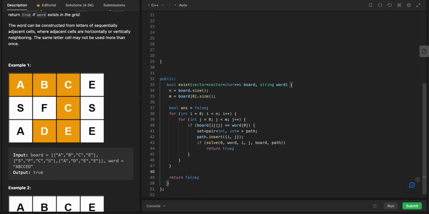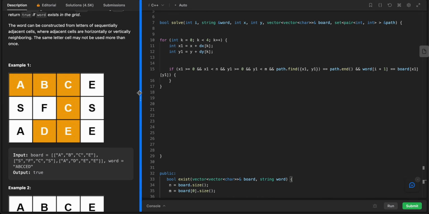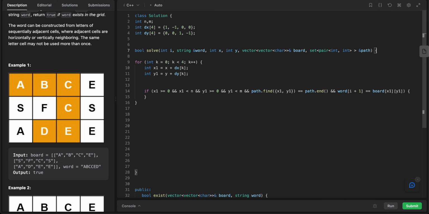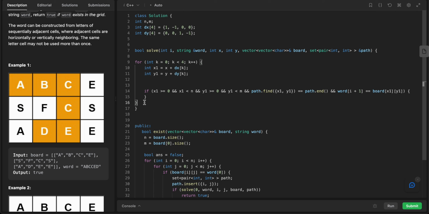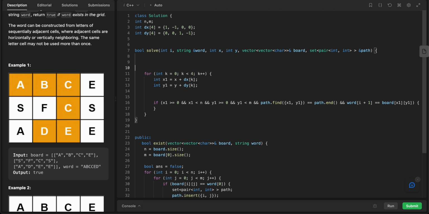Okay, for the recurrence relation, solve for i. So let's try to go in all the 4 directions.